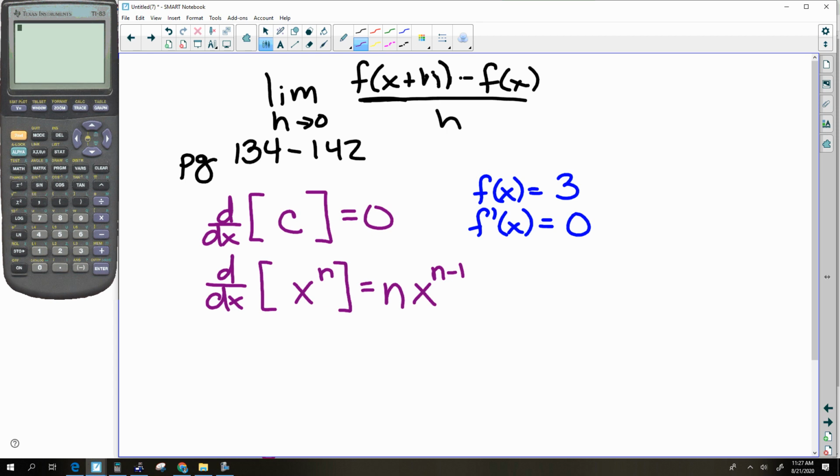It's hard to see when it's x's and n's, so again, let's say I have f of x equal to x to the 4th power. The derivative of this is going to be 4x to the 3rd. So the power drops down and you reduce it by 1.